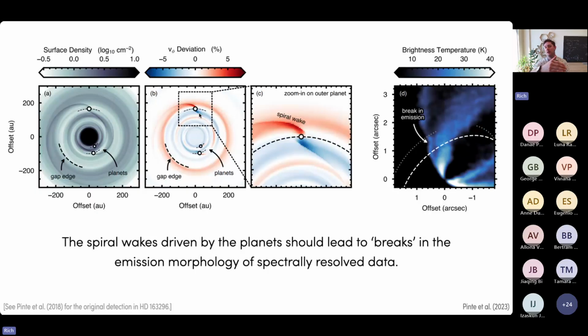And because one side of the spiral is rotating faster than the background, and the other side is rotating slower from the background, that's going to cause a break in your isovelocity contour, which you should be able to see in your emission morphology. So this is a model of HD 163296 where we think this is happening. And that sort of break, this thunderbolt pattern, is due to that sharp change in velocity structure as we move across the planet.